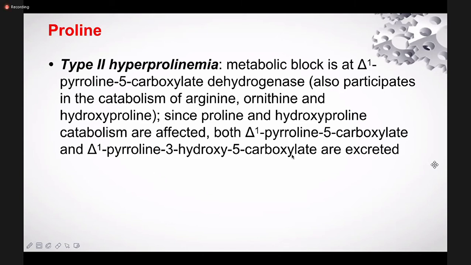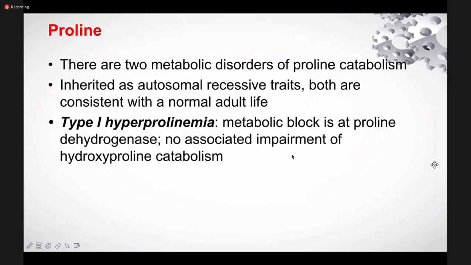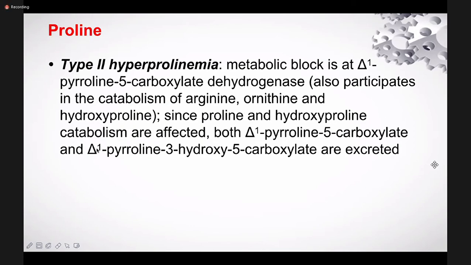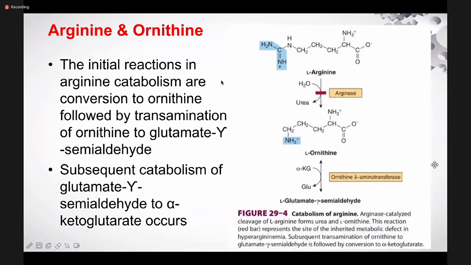That is its difference from type 1, because in type 1 there is no effect on hydroxyproline catabolism, while in type 2 hydroxyproline is also affected. So you have to memorize at what reaction there is a metabolic block. Okay?